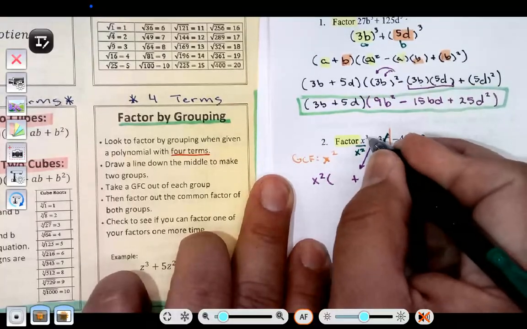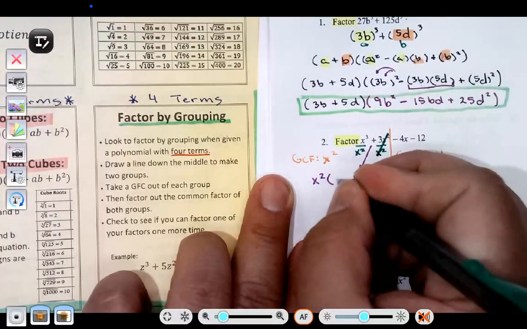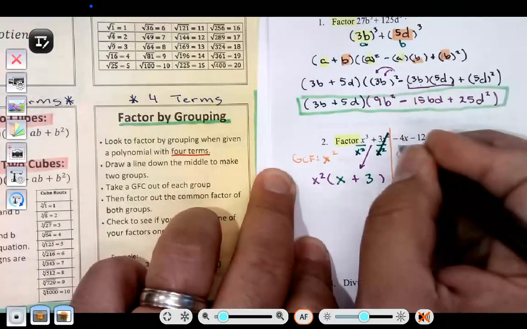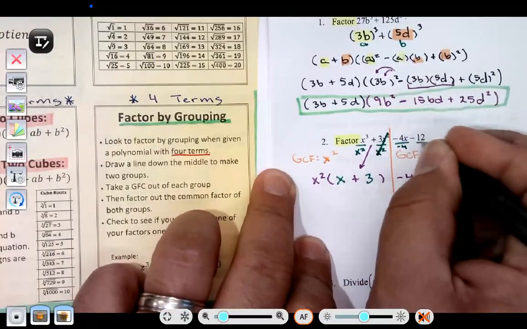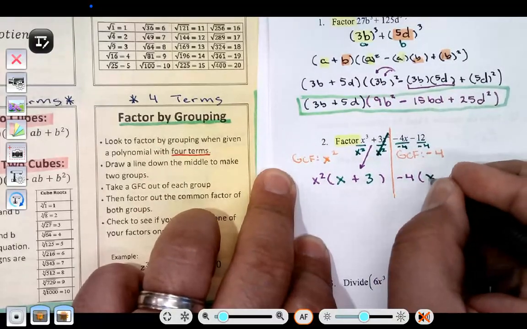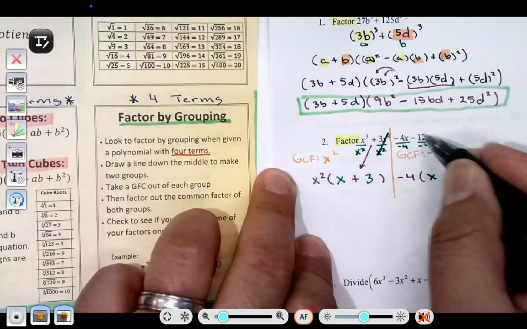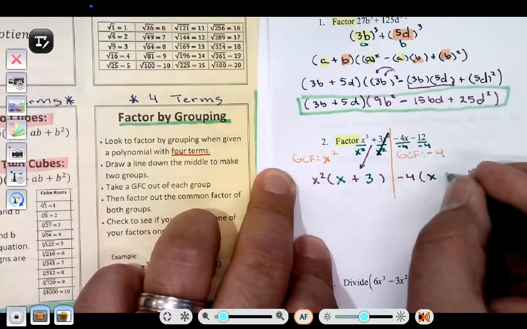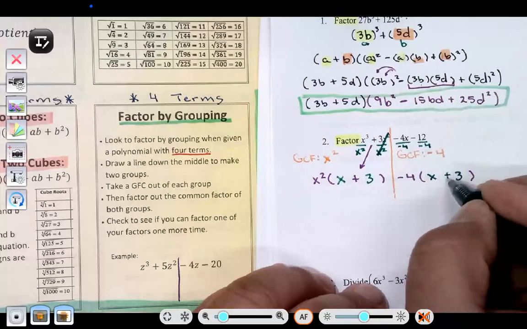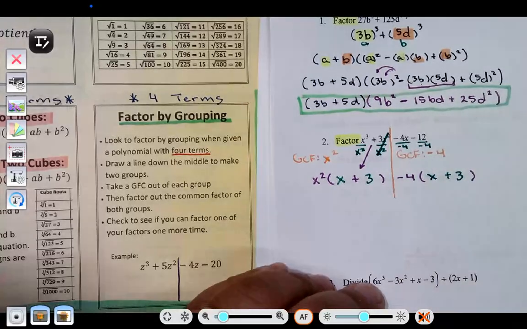But here I have 3 x's, but I need to take 2 of them out. Well, then I'm left with 1. I'm going to do the same thing on this side, but I'm going to divide everybody by negative 4 here. So negative divided by negative is positive 1. Negative 12 divided by negative 4 is positive 3. Again, that's why I held off on the minus sign here for this one, because it might change.